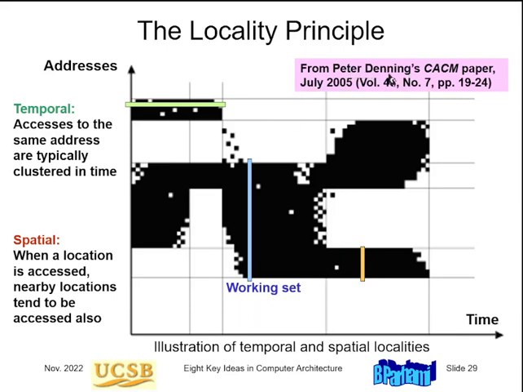This is from a paper by Peter Denning. This is the address space of the program, and the horizontal axis is time. As the program progresses in time, it accesses various parts of its address space. You notice here that for a significant period of time, the program accesses addresses in this range and also these addresses. It doesn't access anything in this area.